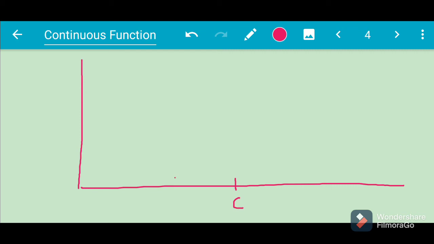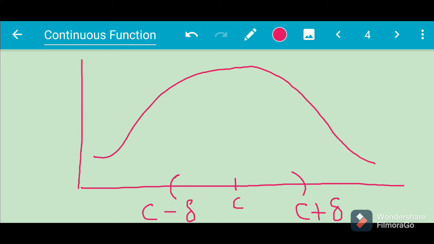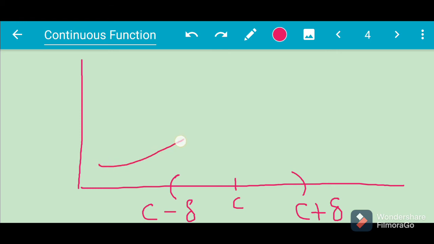This is c minus delta, this is c plus delta, and this is our function. It is quite big, let me make it like this. So this is my f(c).